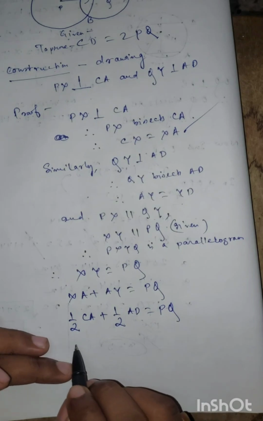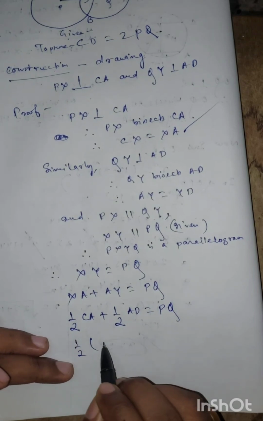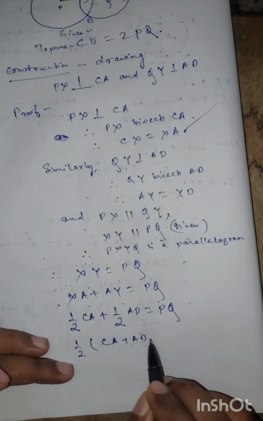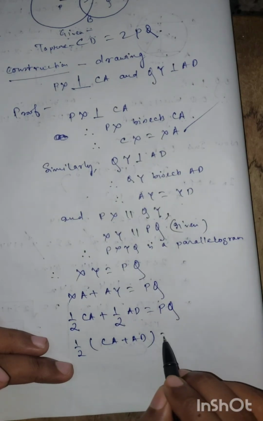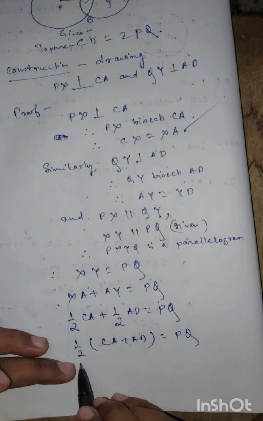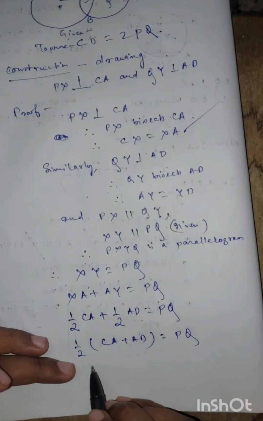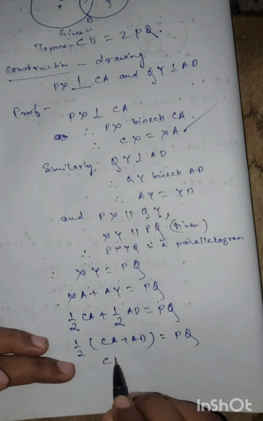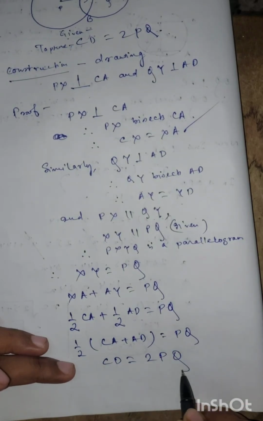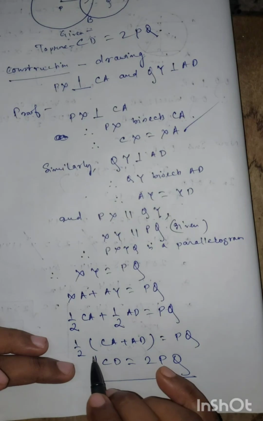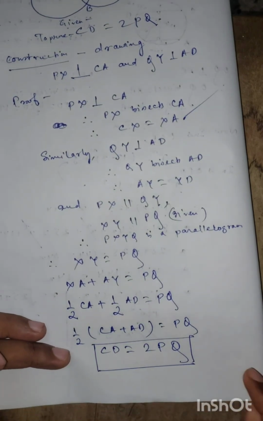Now we are taking half common, and transferring 2 to the right side. So CA plus AD is actually CD. So this is what we needed to prove.